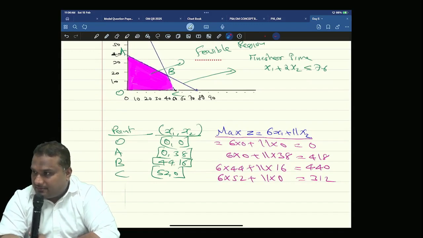Have you finished this table? First finish this table.